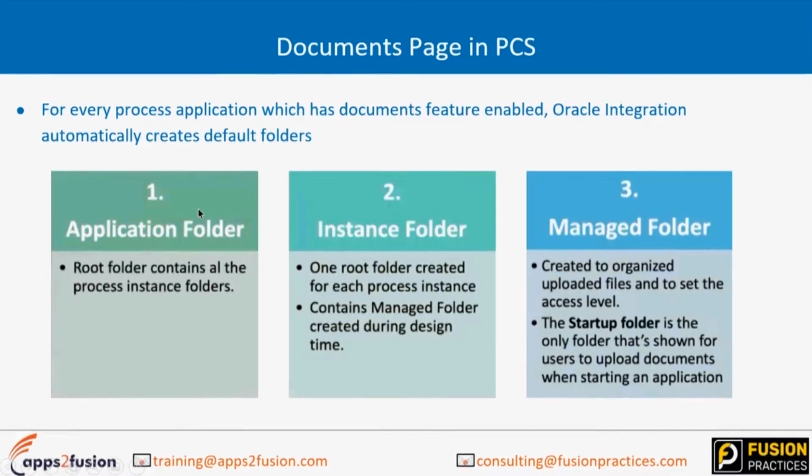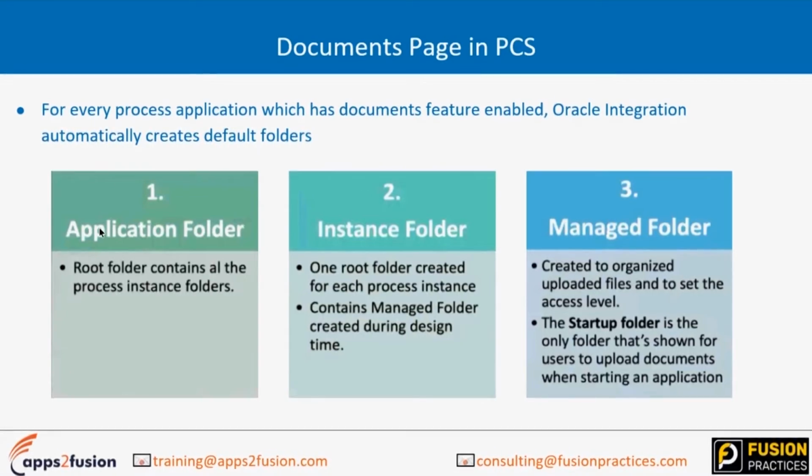Application folder is a root folder which contains all the documents that have been exchanged in multiple instances of the application. An instance folder gets created inside this application folder, for each and every instance of the PCS application. Let us say when you launch a PCS application, you get to see that there is an instance ID or a process ID that is getting generated, correct?